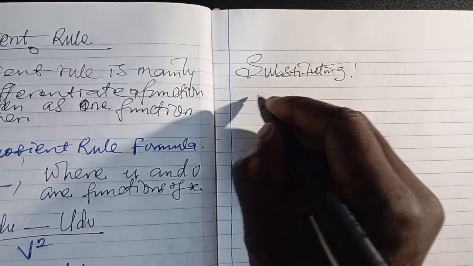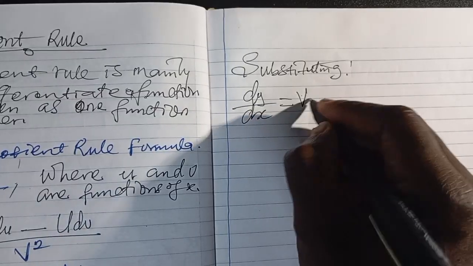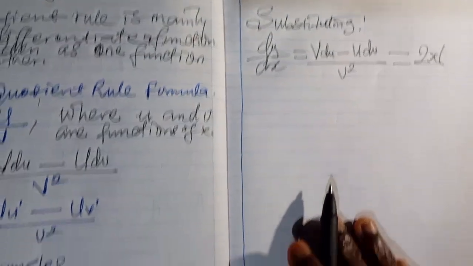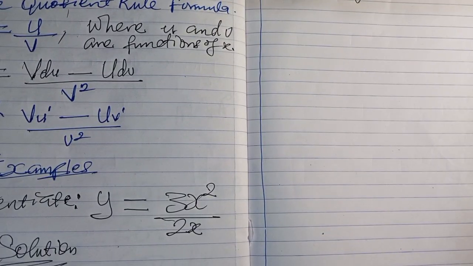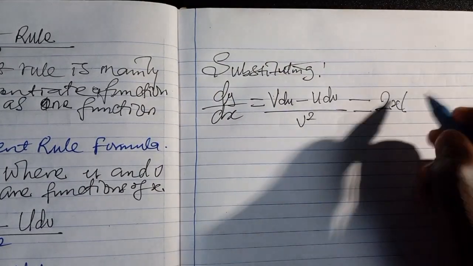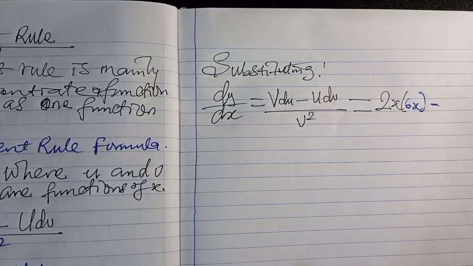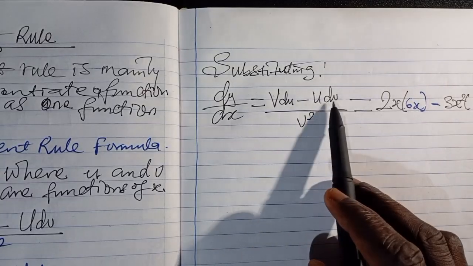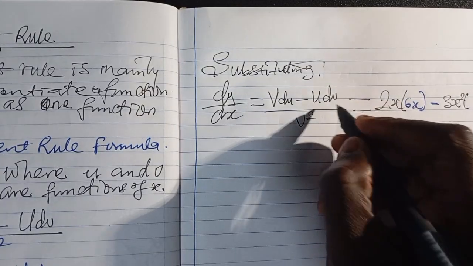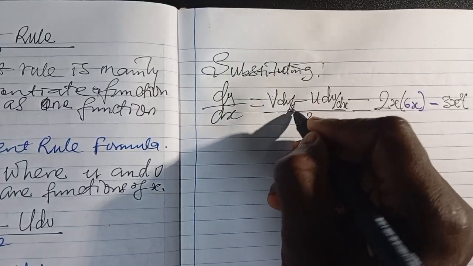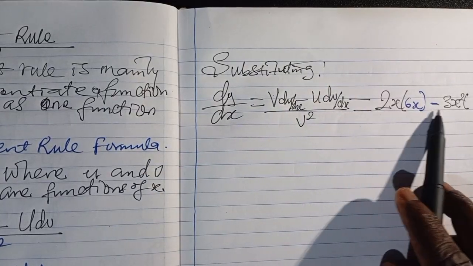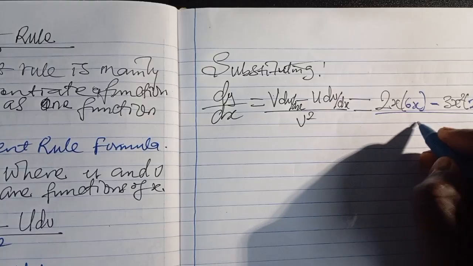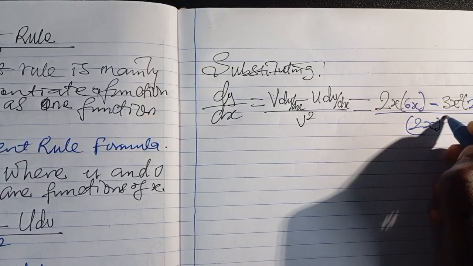Substituting, you have dy/dx equals v, the denominator, which is 2x, bracket du/dx, which is 6x, minus u, the numerator, which is 3x raised to power 2, times dv/dx, which is 2, all divided by v, which is 2x, raised to power 2.